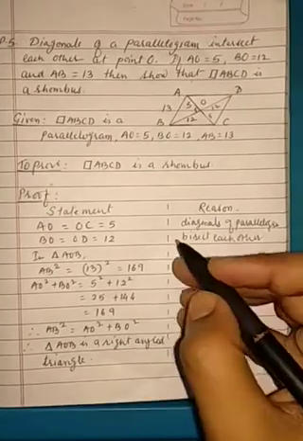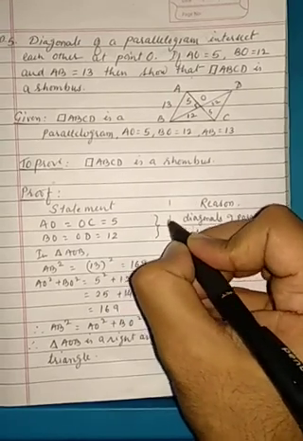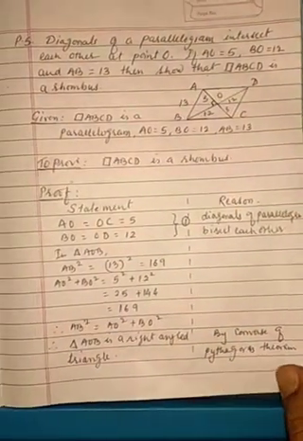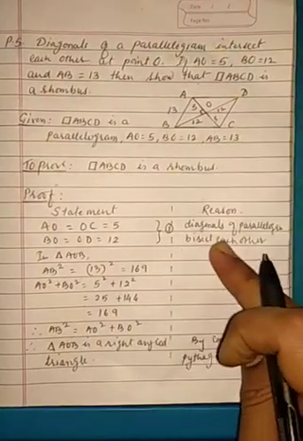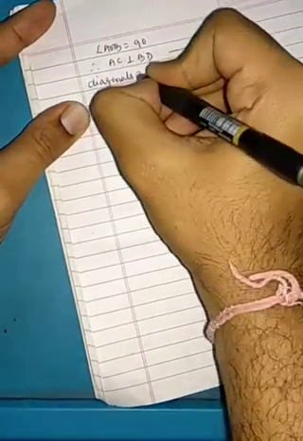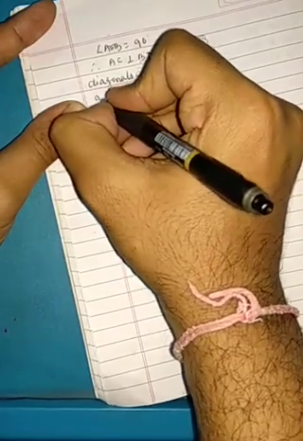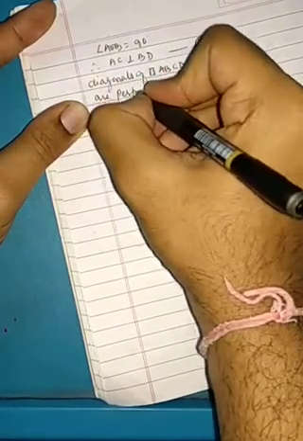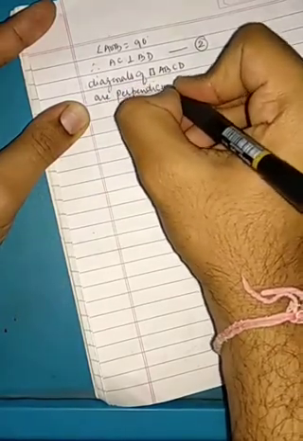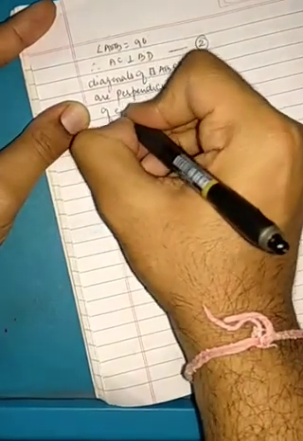And diagonals bisect each other. You can write this as statement number 1. Okay, so students, 1 says that diagonals bisect each other and 2 says that diagonals are perpendicular. So you can write here, diagonals of quadrilateral ABCD are perpendicular bisector of each other.